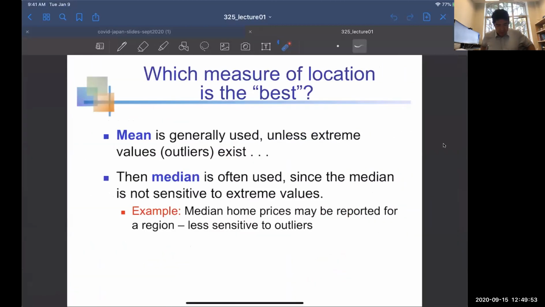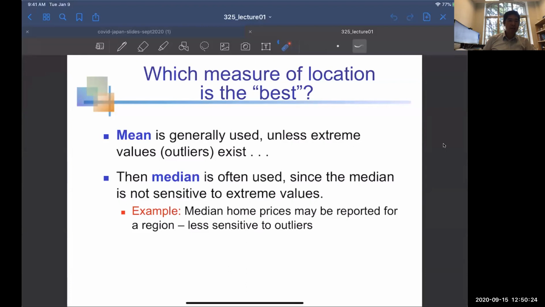Which measure of location is the best? Again, I don't think there is any one single measure of central tendency. If you are serious about data analysis, you always want to report multiple measures of central tendency. Later we're going to talk about measures of variability, such as the interquartile range, which give you a sense of what the distribution of the observations looks like.